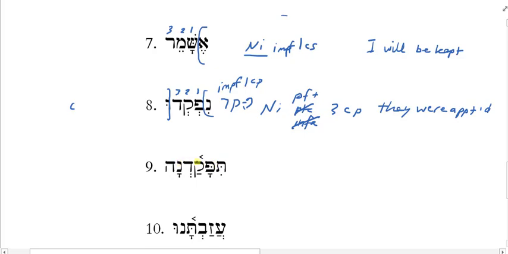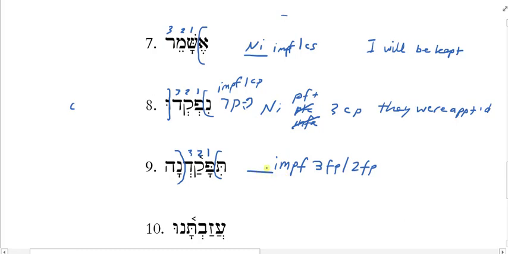Okay, number 9. Tippakadna. What are my root letters? Pakad. Good. And look, I have a prefix tav on one end, nah on the other. Does that look like something you know? That's clearly imperfect. And 2 possibilities: 3FP, 2FP. Could be they or y'all female. All right, what I don't know is what stem it is.